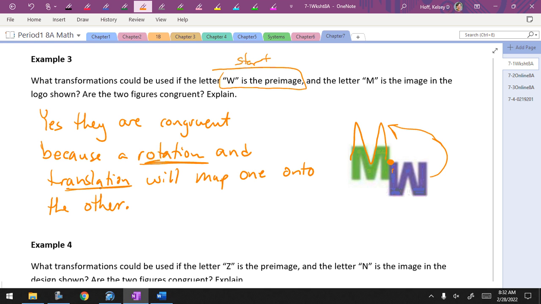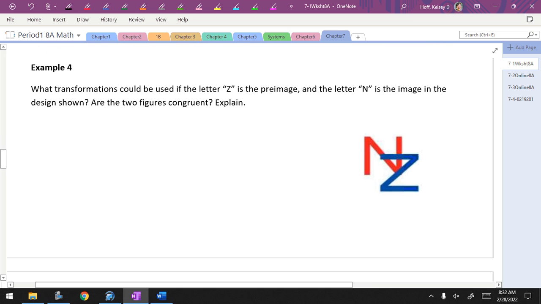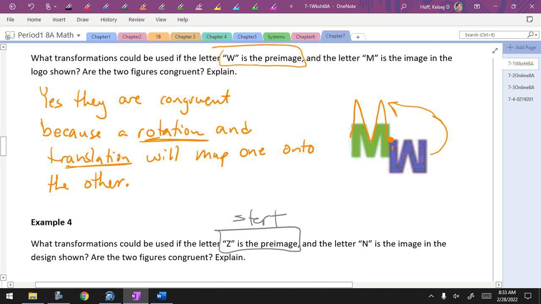Okay, I want you to try number 4 all on your own. I'm going to give you time to think. You're going to do the same thing here. What transformation could be used if Z is the preimage? So start with the Z, and you're trying to get the letter N. Are the two figures congruent? You should have a sentence just like you did on example 3.